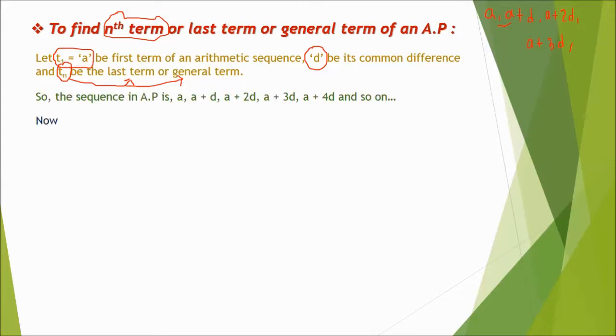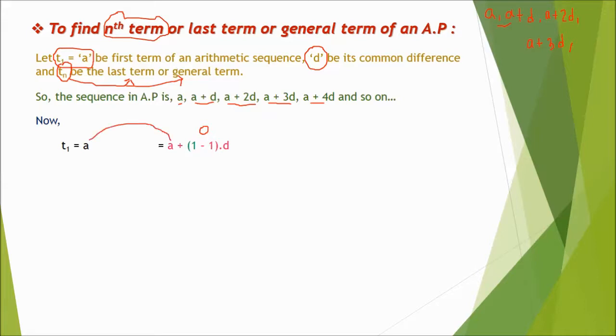So the sequence in AP is: a is the first term, a plus d is the second term, a plus 2d is the third term, a plus 3d is the fourth, and so on. We can find the terms. Now let's see, t1 is equal to a. That a can be written as a plus 1 minus 1 times d, isn't it? 1 minus 1 is 0, 0 into d is 0, so the first term is a.